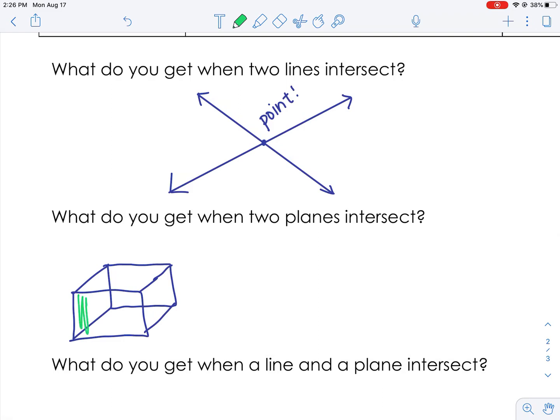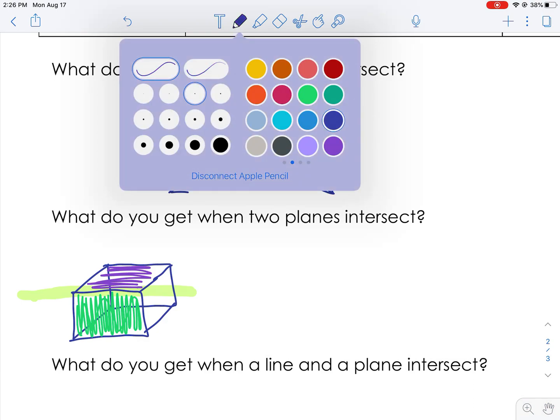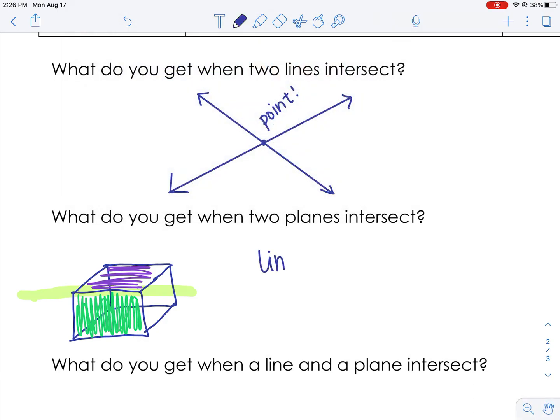So what do you get where this flat surface, the front of my box, and the top of my box meet? In this case, what do you get where the purple and the green meet? Ask yourself, what does that look like? And if you said line, you're correct. Remember, a plane continues indefinitely, so technically where they meet, the line would continue indefinitely.